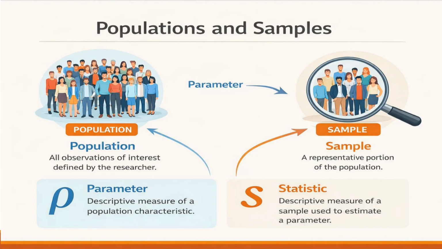Example, true average income of all households, actual percentage of satisfied customers. Third, sample. A sample is a small but representative part of the population. Example, 300 students selected from 10,000 students. Fourth, statistic. A statistic is calculated from the sample. Example, average GPA of the 300 students.